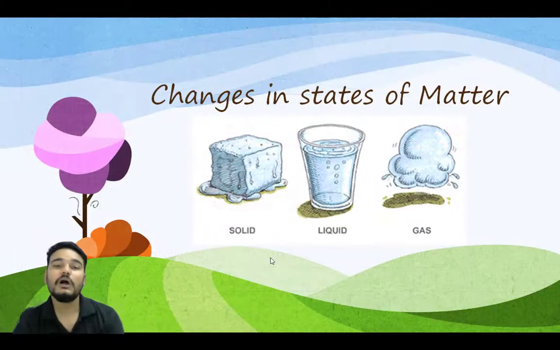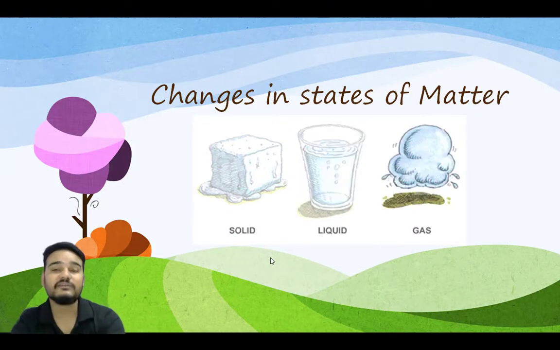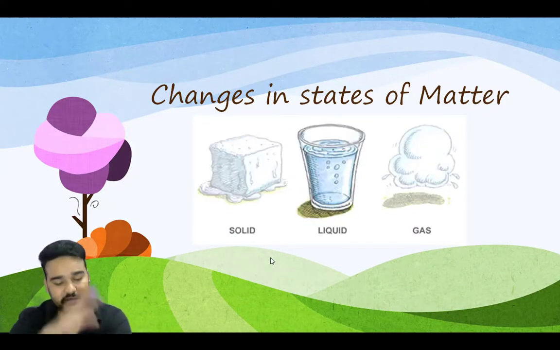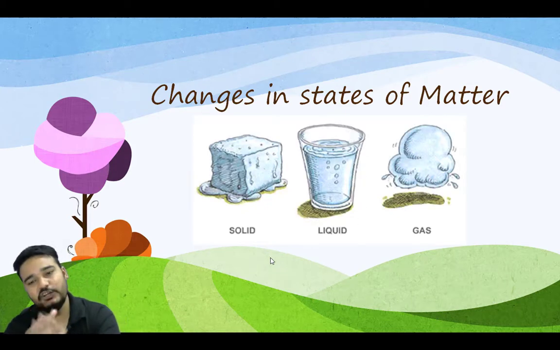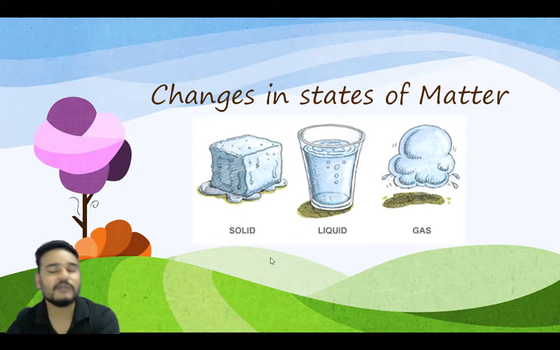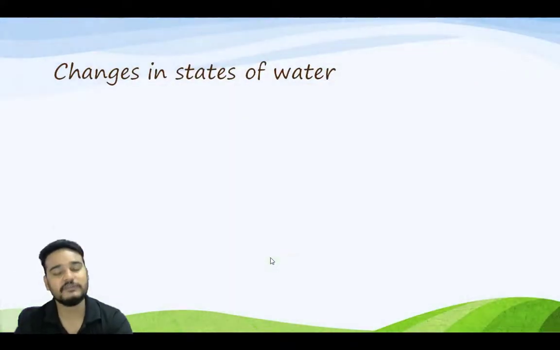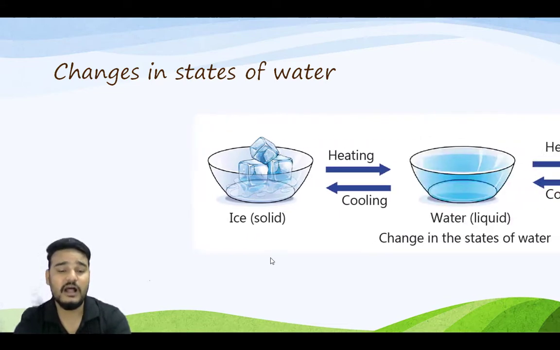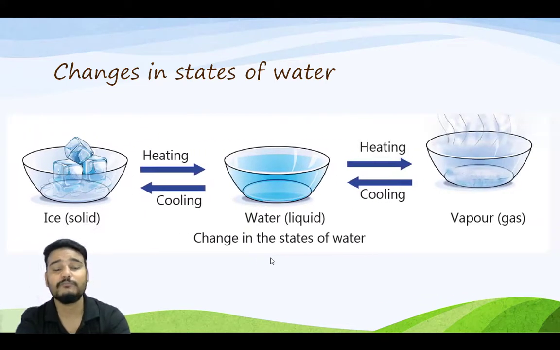Now how does matter change its states, meaning when it goes from solid to liquid, liquid to gas, gas again to liquid, liquid to solid, that we are going to learn. For that we have taken an example of ice. Ice means what? Water. Water in solid state is called ice.